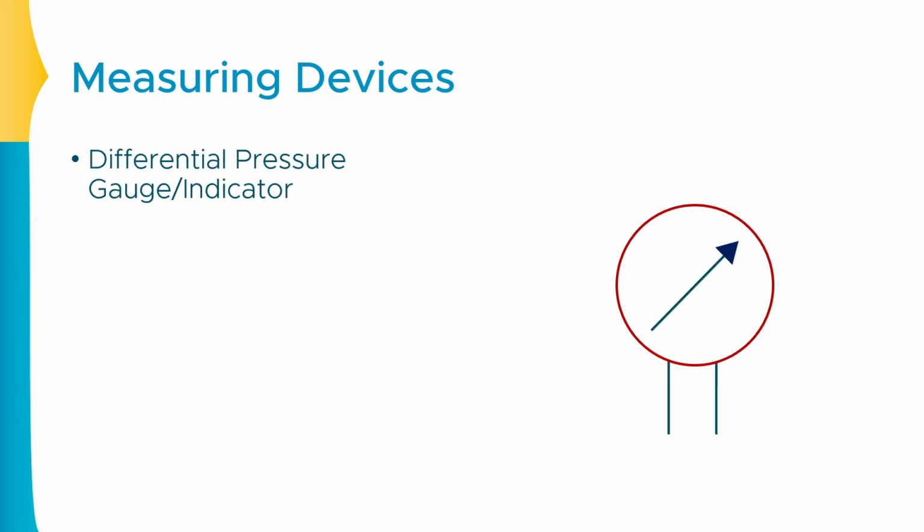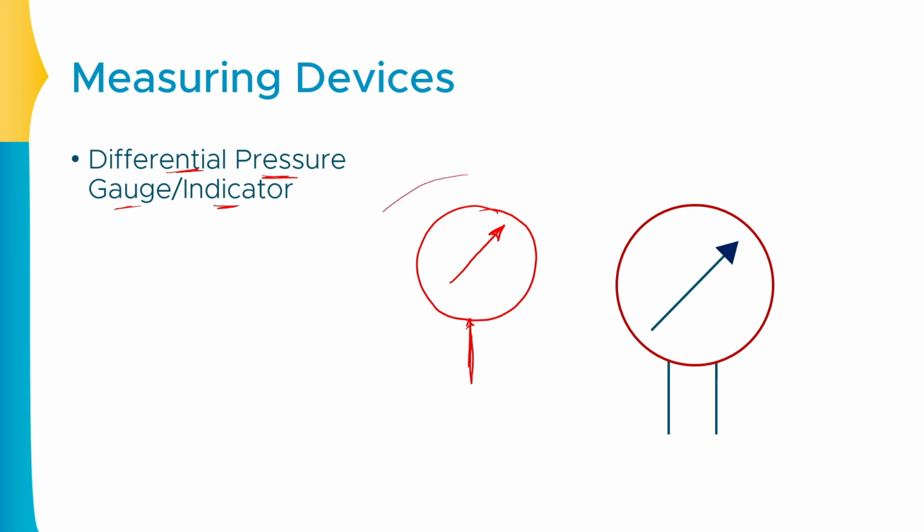The second symbol is the differential pressure gauge symbol or pressure indicator symbol. Now over here, let me show you one basic thing. If you have a normal pressure gauge, it will look something like this. This arrow represents the pressure indication, and this is the input line of this pressure indicator. Understood?